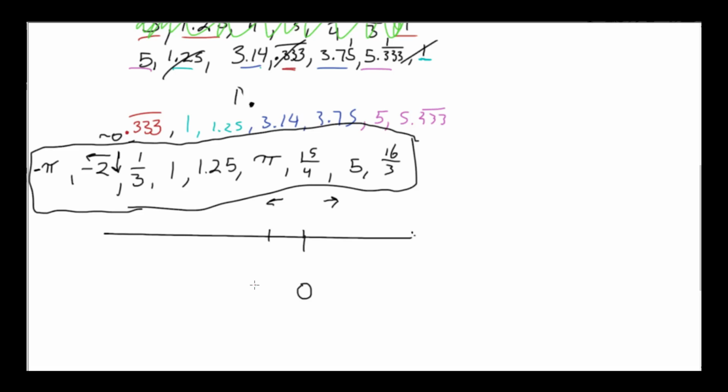Let's make everything negative red. And we'll say negative pi is here. And then we're going to move on. Well, 1/3 would be about here. Let's call this 1. 1 1/4.